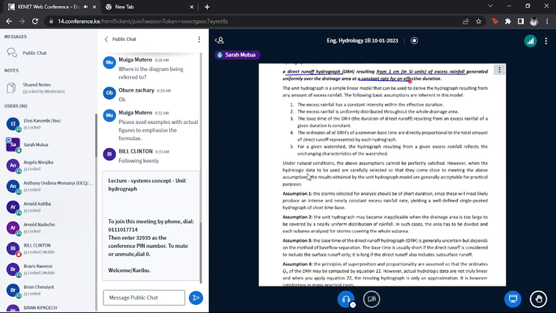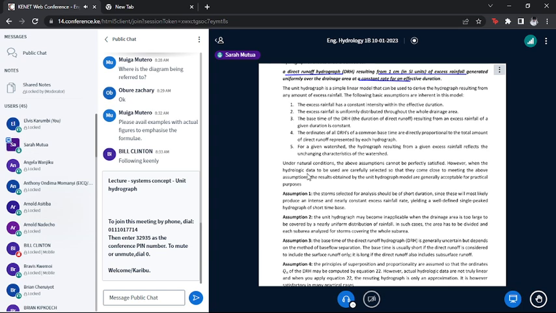How do we calculate excess rainfall? I want us to think about that, and we can answer in the questions. You can try to write answers as we continue.